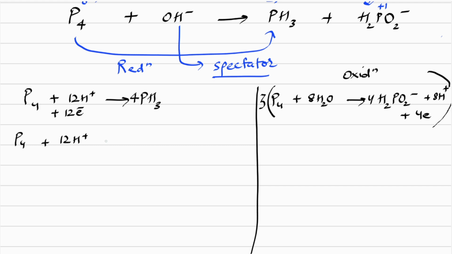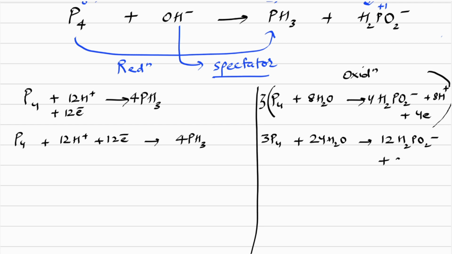P4 here plus 12 H plus, 12 electrons give you 4 PH3. In the oxidation half reaction, we have 3 P4 plus 24 water giving you 12 H2PO2 negative, then 24 H plus and 12 electrons.